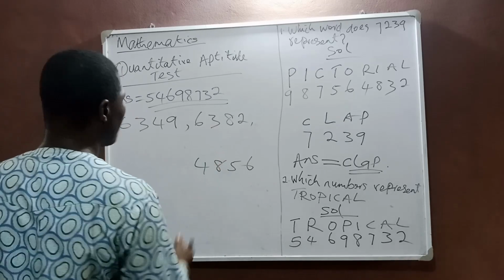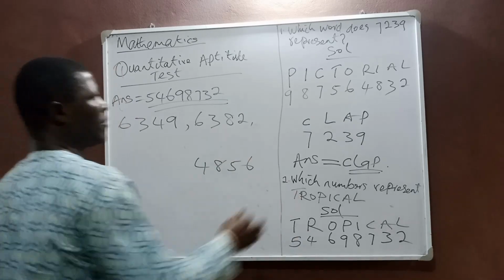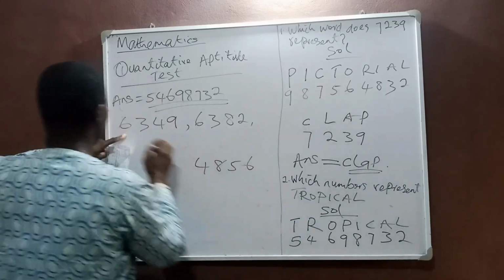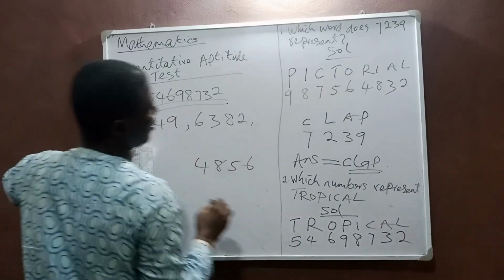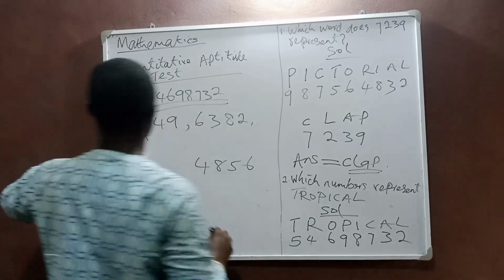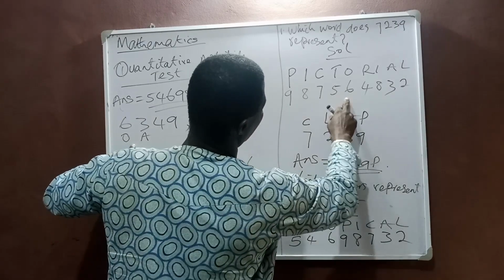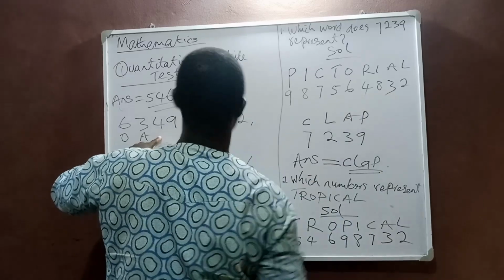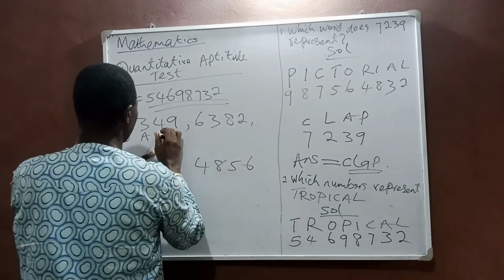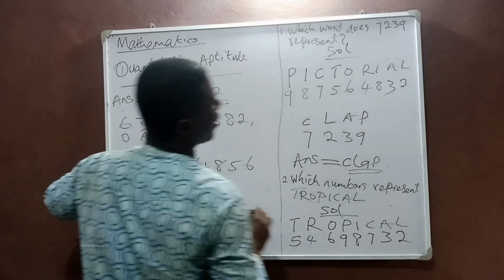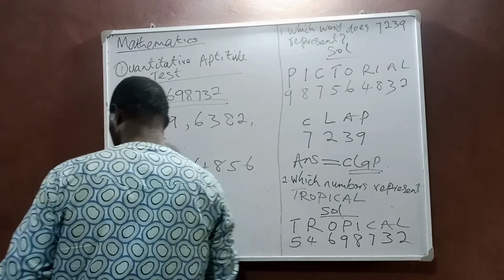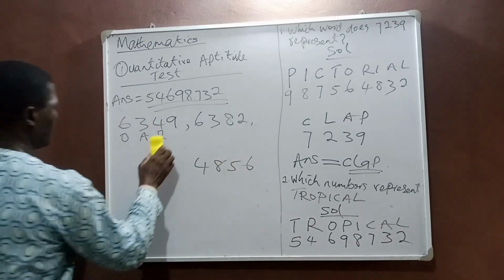It's very simple. Just like we did the other one, come here. What does C stand for? C stands for O. What does 3 stand for? 3 stands for A. Then 4 stands for R, and 9 stands for P. It's like I made a mistake. Let me take it again.